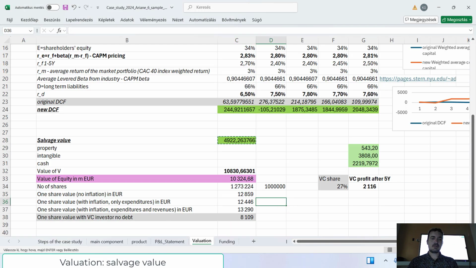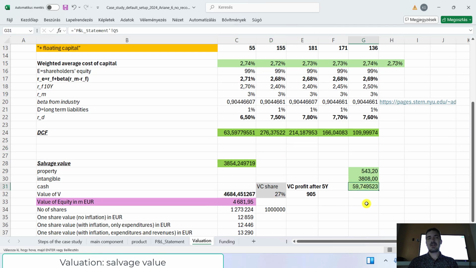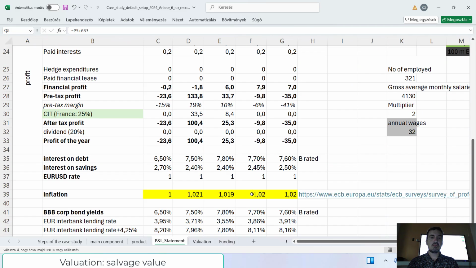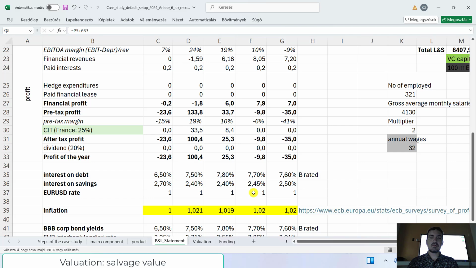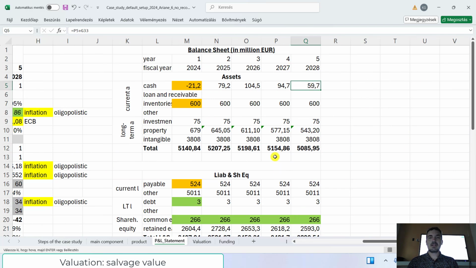Okay, and this we should compare to the original. Obviously, in this case, we are not making much money. How could we even be profitable? Okay, somehow they were able to survive. Okay, cool.